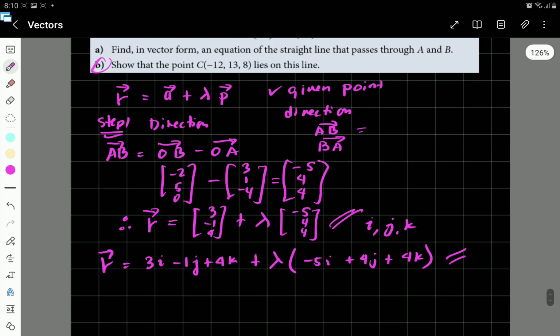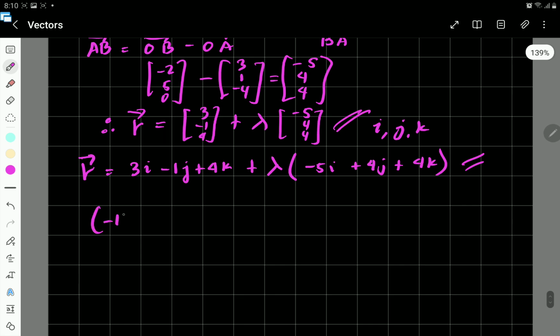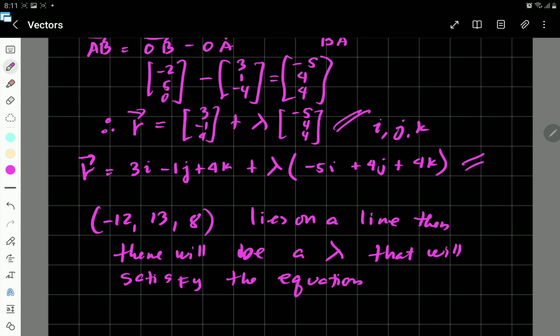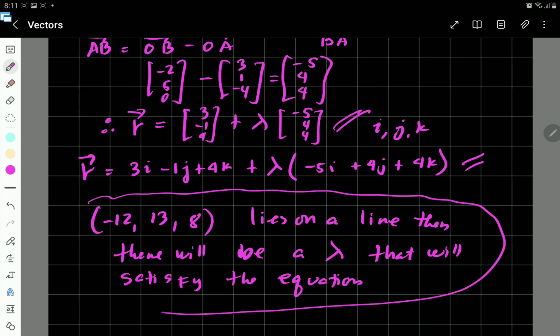If negative 12, 13, 8 lies on a line, then there will be a lambda that will satisfy the equation. This is the thinking process, because this will give you the solution. Okay, let's look at that.